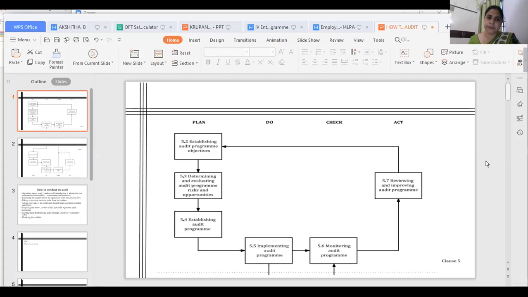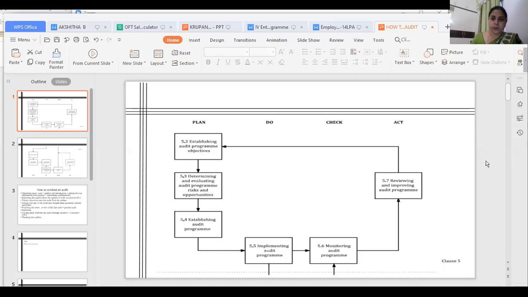One is the objective, and the second thing is the evaluation. After evaluating this objective, you are going to check the possible risks and opportunities. Once you do the program, you are going to implement that program.